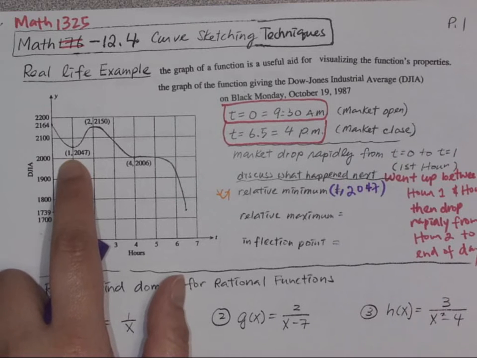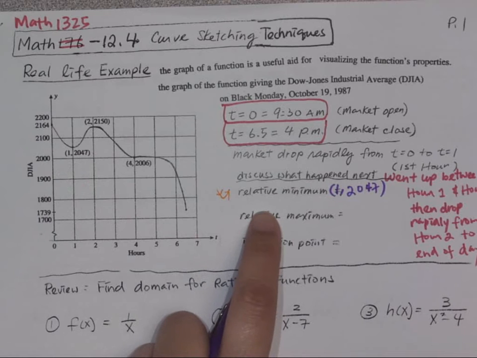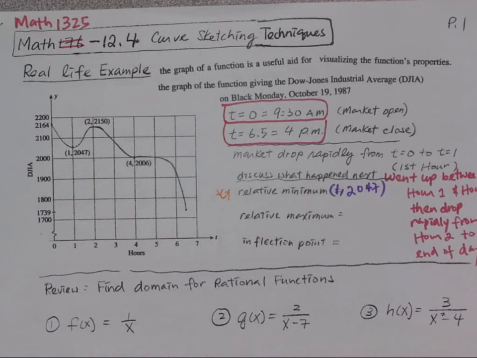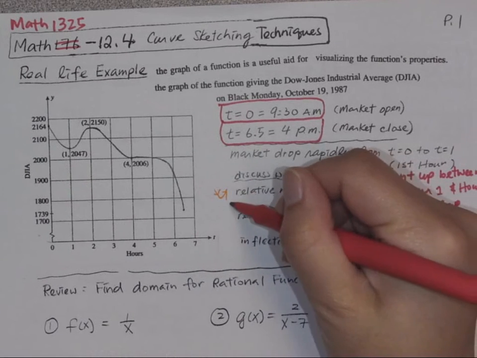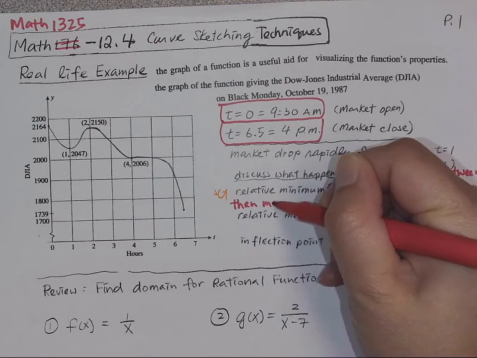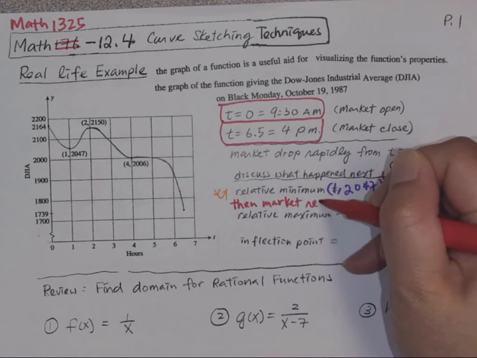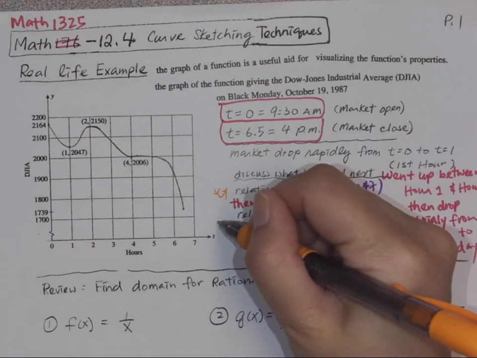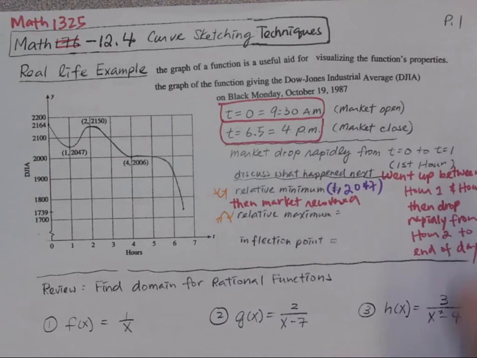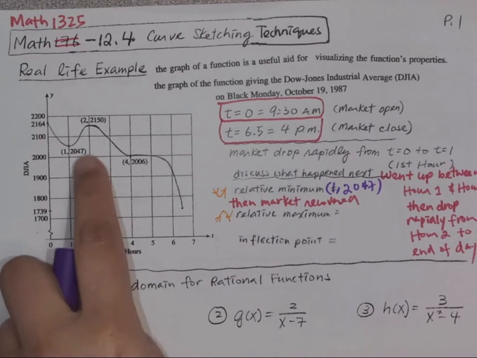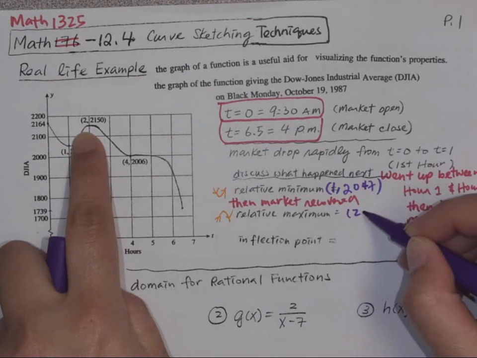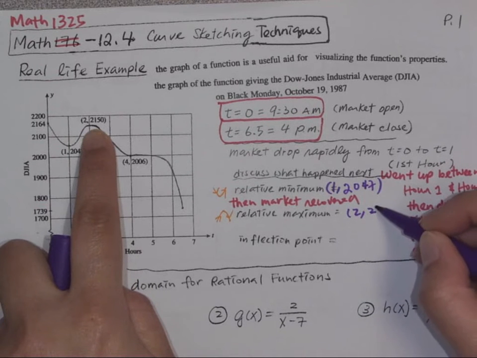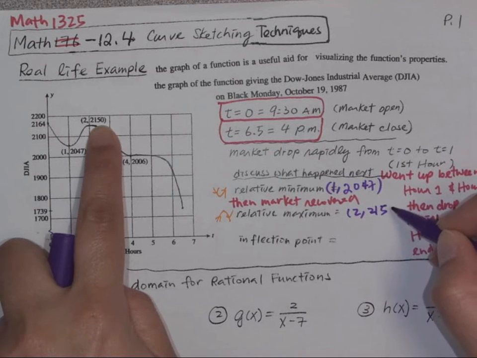Okay, so that's my relative minimum. And then the market kind of recovers, right? So it goes back up to the relative maximum, where you have to go up and down. The relative maximum is this point, which is x equal to 2, hour 2. The corresponding value is 2150.